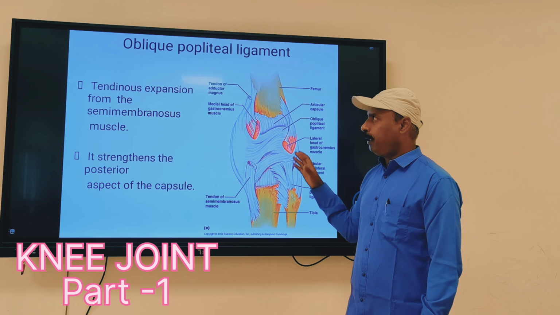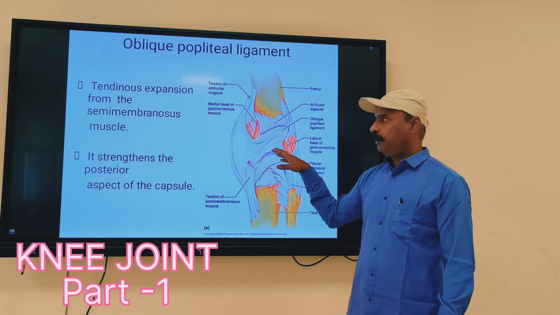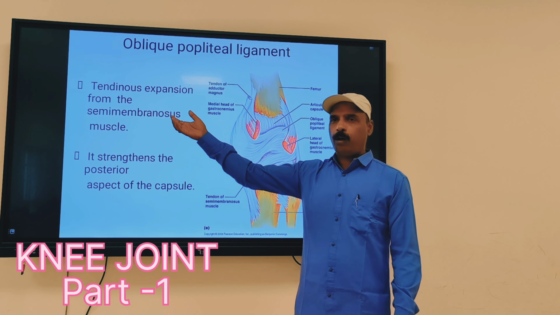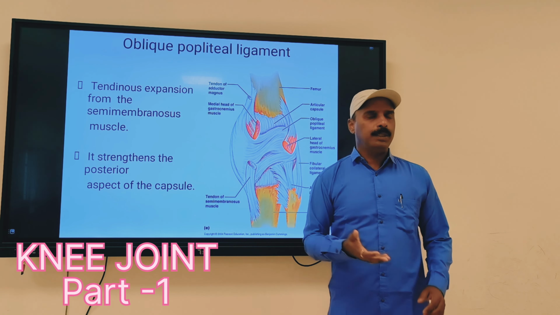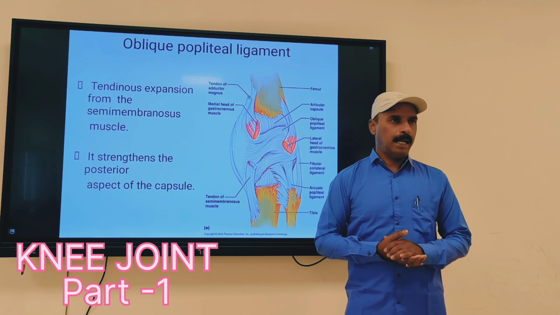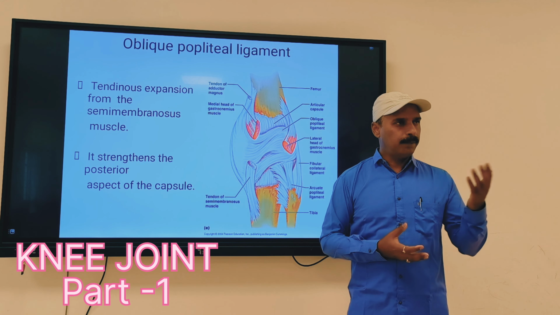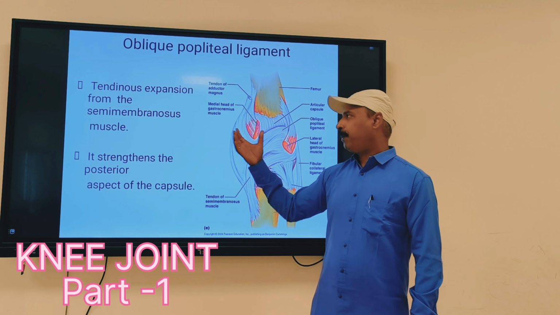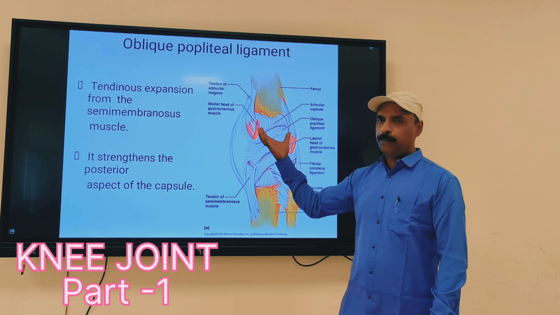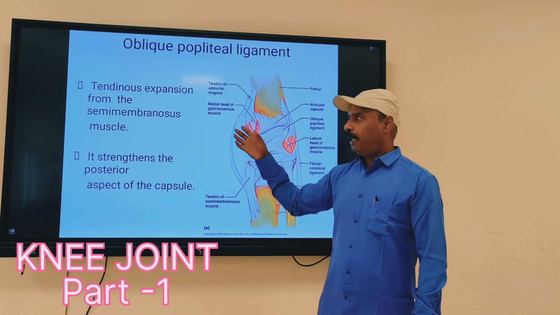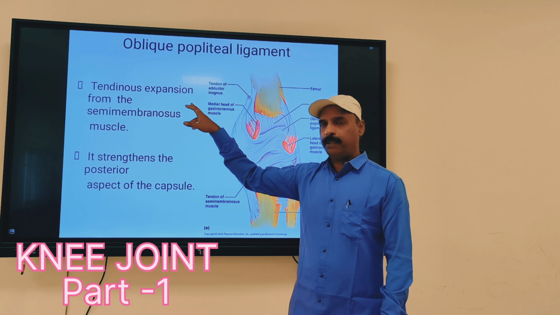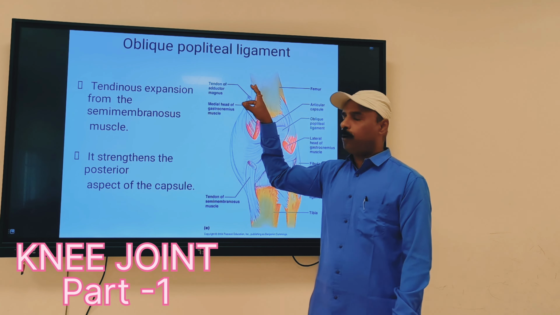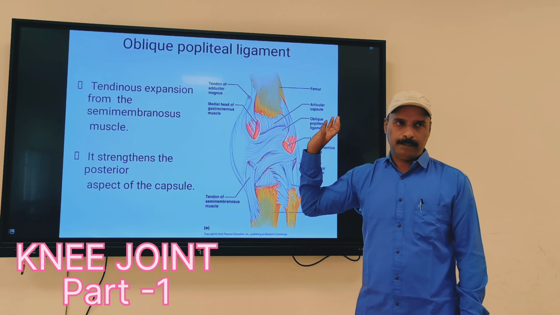Next, going to the oblique popliteal ligament. It is a tendinous expansion of semimembranosus. You have the muscles at the back of the thigh, the hamstrings, and among them the semimembranosus. The tendinous expansion of the semimembranosus forms the oblique popliteal ligament.